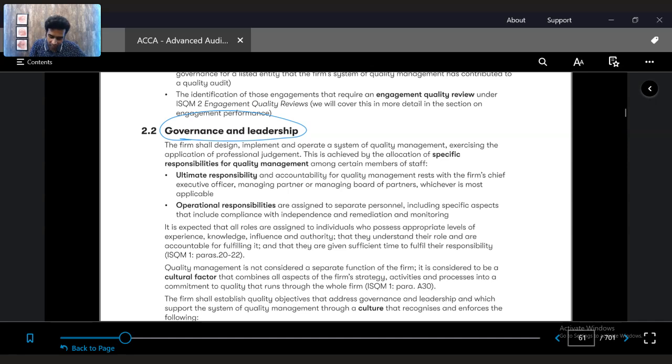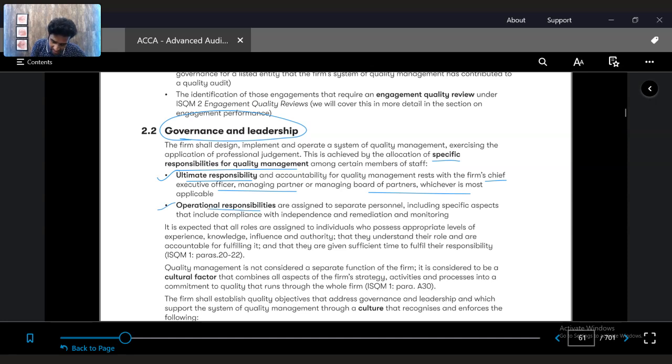So the firm's quality management is also achieved through responsibilities that are established for quality management by the senior staff members. Number one, taking ultimate responsibility and accountability, like the partners, managing partners, chief executive officer of the firm, board of partners, whoever is responsible takes the ultimate responsibility of establishing quality management for the processes.